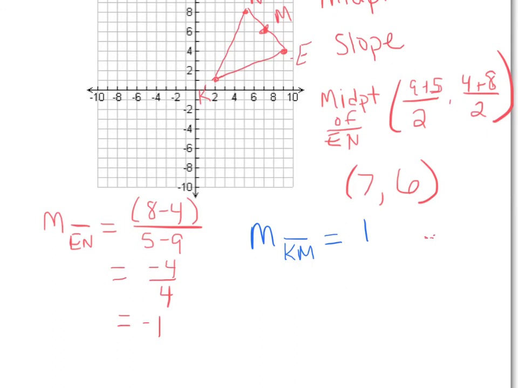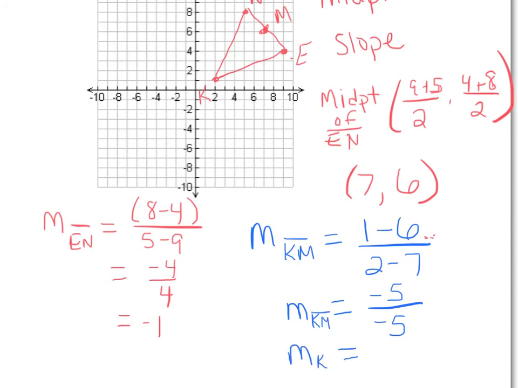So I get 1 minus 6 over 2 minus 7, and I get negative 5 over negative 5. I get the slope of KM to be positive 1, which is exactly what we wanted. They're negative reciprocals, so that means that the two things are perpendicular.